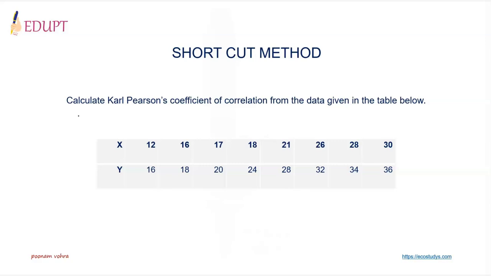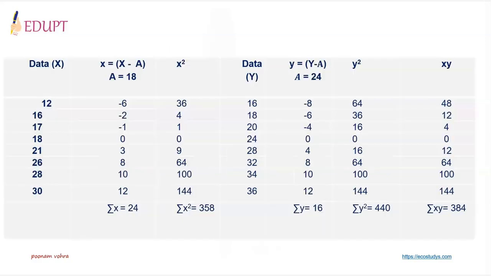The values of two variables x and y are given. You are required to find the coefficient of correlation as given by Karl Pearson through the shortcut method. In order to find the coefficient of correlation by the shortcut method, you need to prepare 7 columns of a table. Column 1 provides data of variable x.